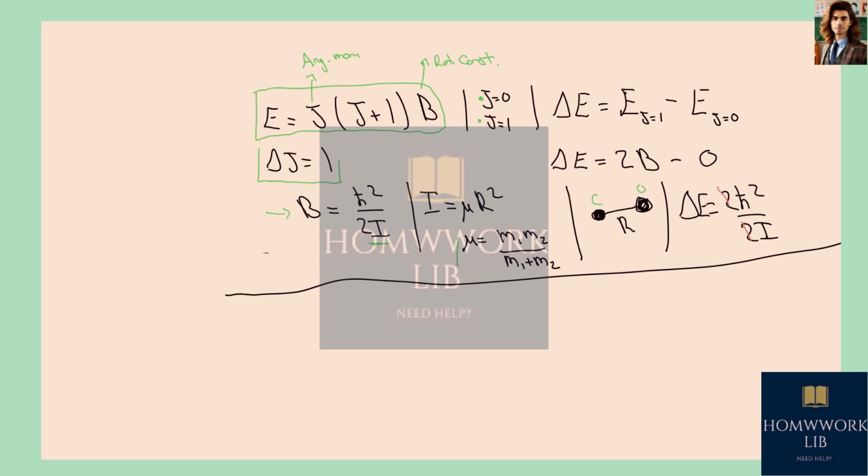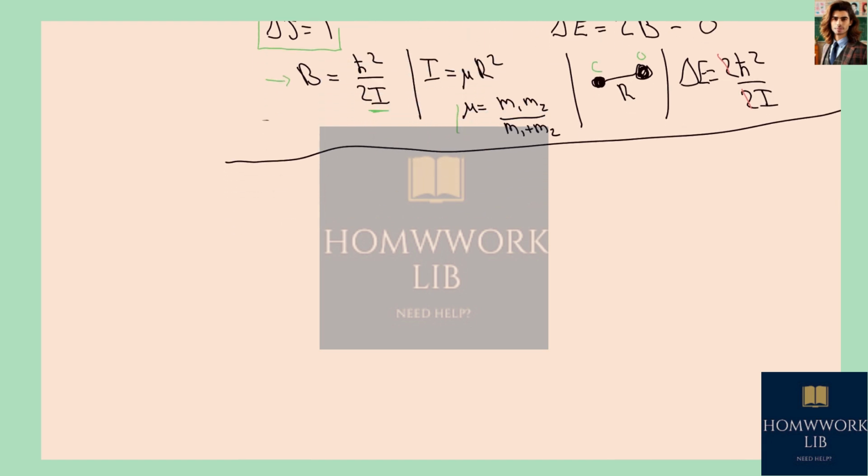Thus, if we replace delta E with 2 times the rotational constant, the 2's are going to cancel out, so we end up with h bar squared divided by I. Okay? Now, since we know that the change of energy is h bar squared divided by the moment of inertia, we simply can calculate the moment of inertia as h bar squared divided by delta E.